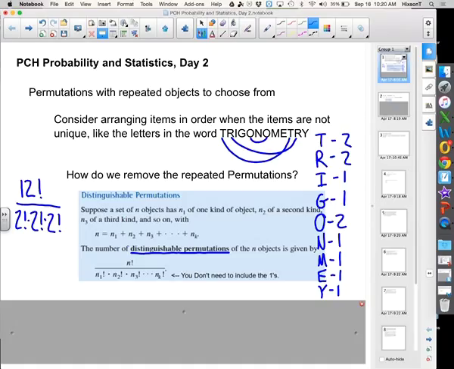But for these ones, we're going to be arranging all the letters. So, we have 12 factorial over 2 factorial times 2 factorial times 2 factorial. Did anyone actually try that? It's going to be a big number.